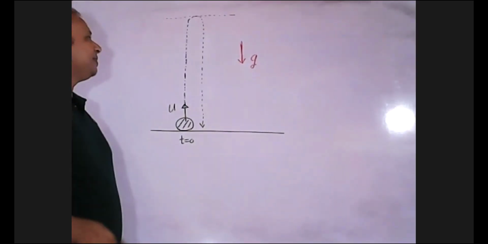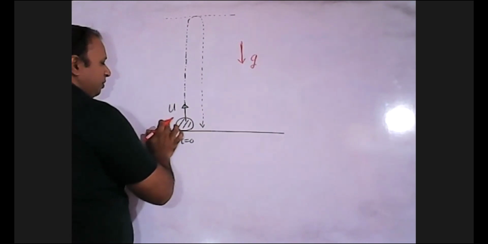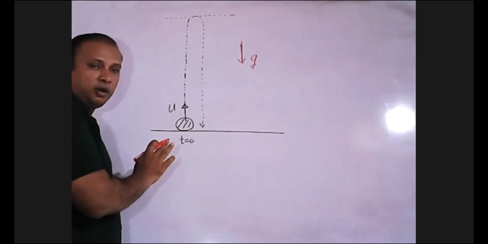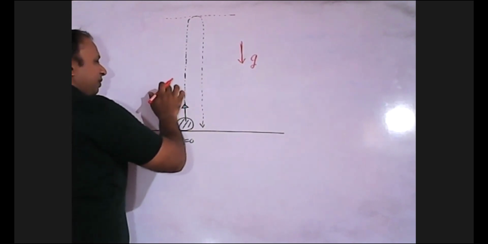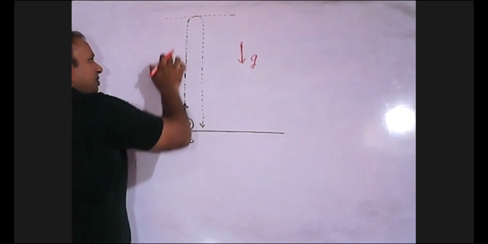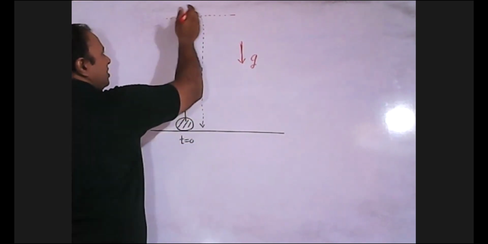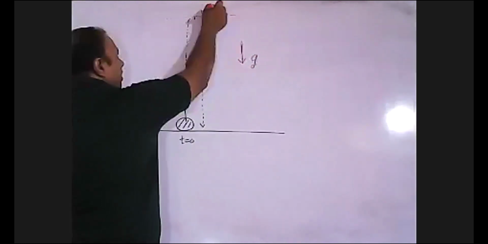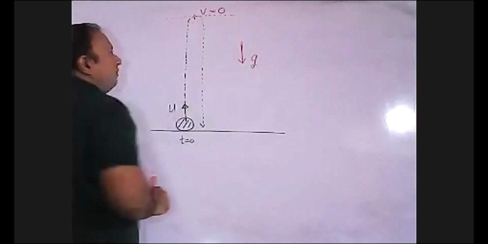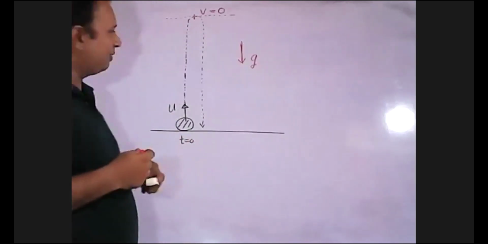Due to the deceleration, if I throw a ball in the upper direction, its velocity or speed gradually decreases, and at the maximum point the velocity will be equal to zero. Okay.